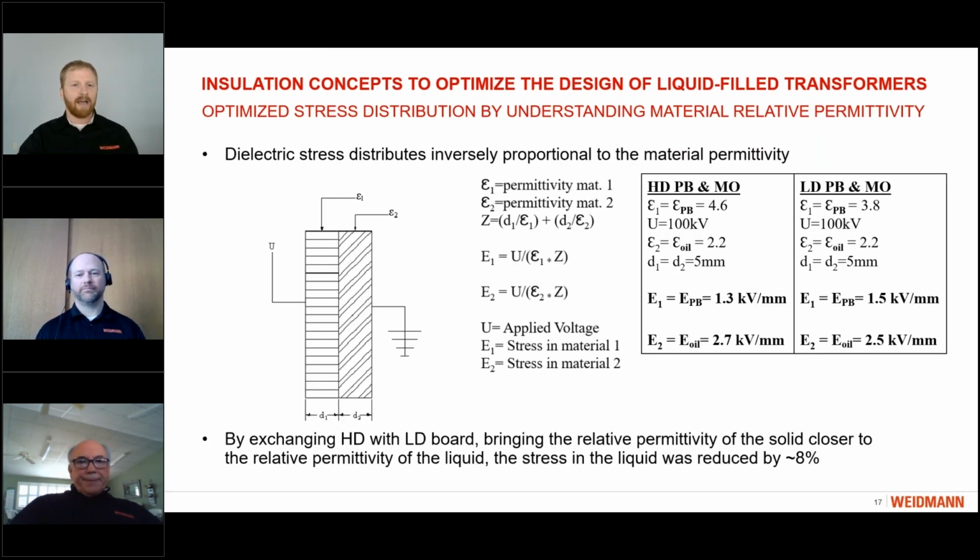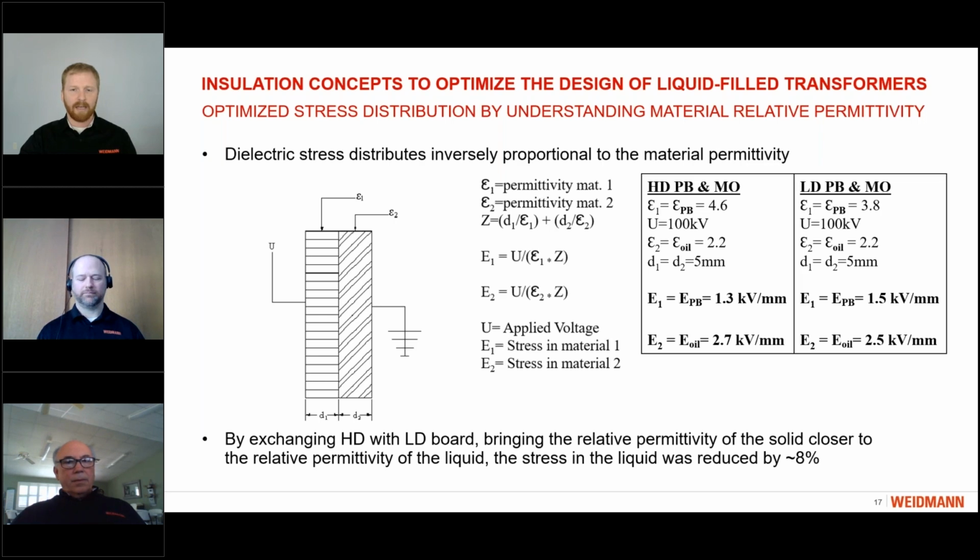So when we look at how the relative permittivity of the solid material dictates stress, we first need to understand that dielectric stress distributes inversely proportional to the relative permittivity. Showing here the calculation method for understanding that, and I don't want to go into a lot of detail on it, but really just understand that the stress distributes inversely proportional.